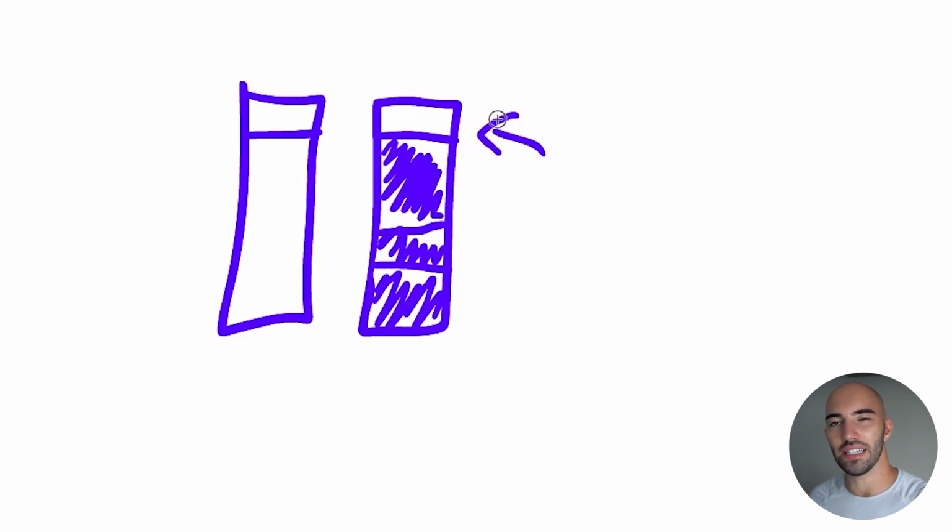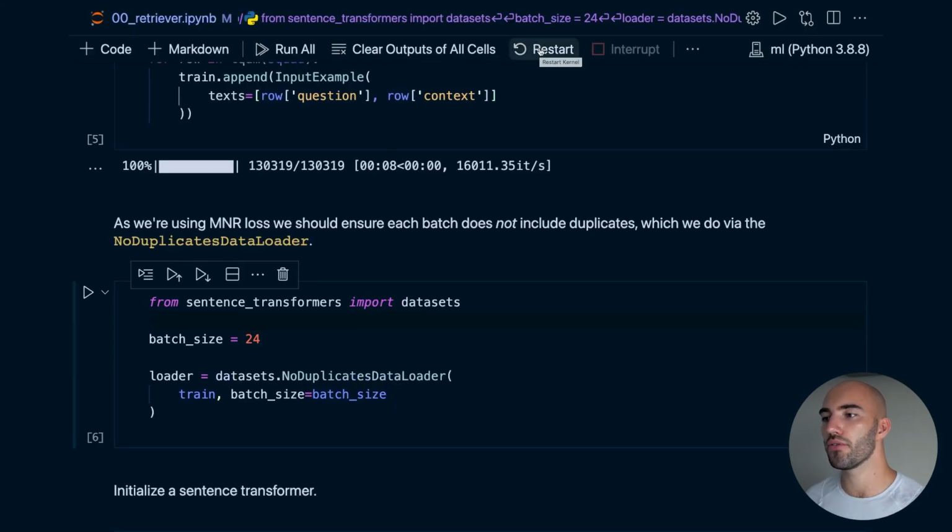So you really need to try and avoid this. It's okay if it happens occasionally in the odd batch, but you need to avoid it as much as possible. So that's why we use this NoDuplicates data loader. This will make sure we don't have any duplicates within each batch.